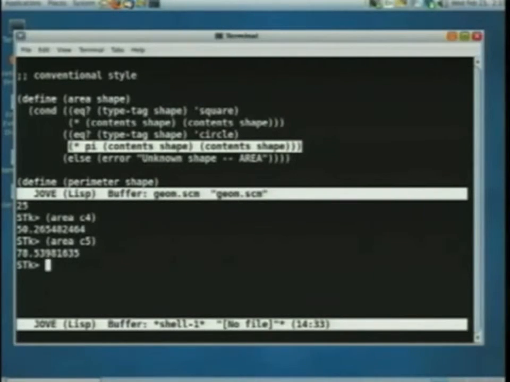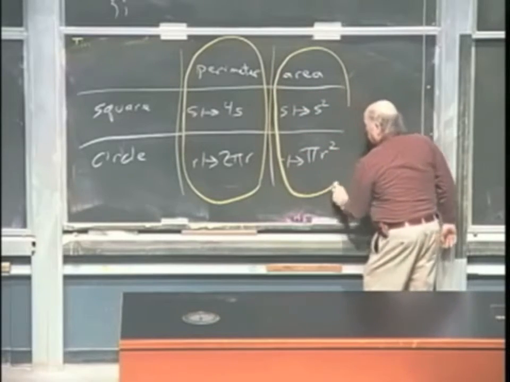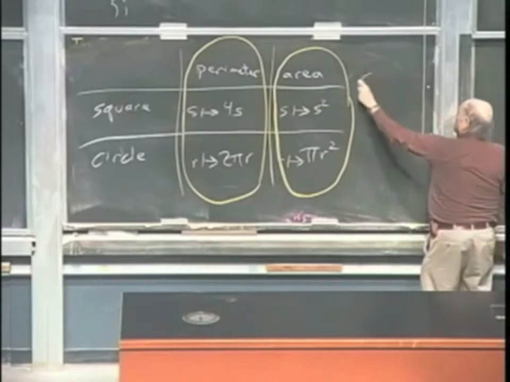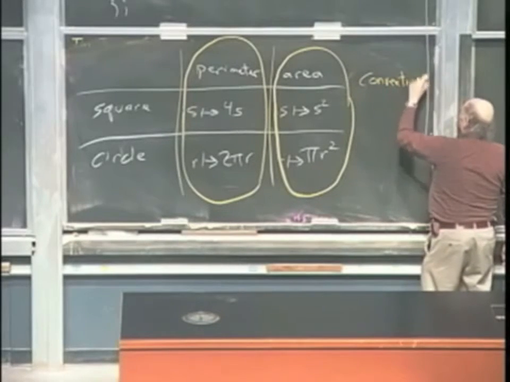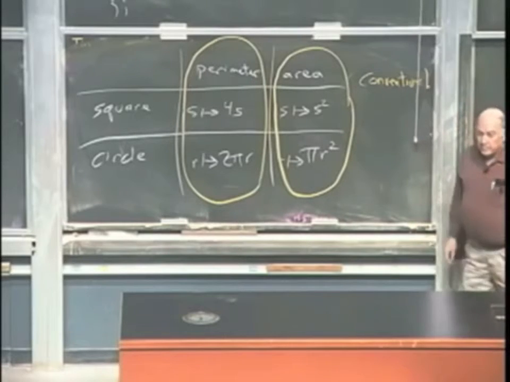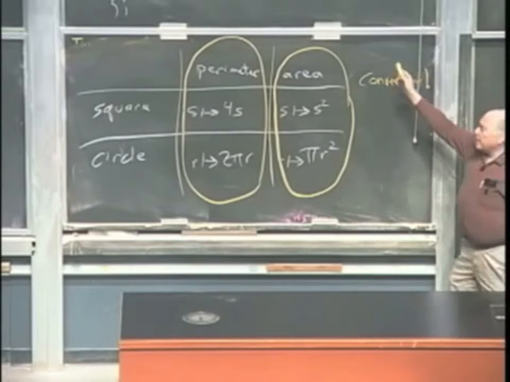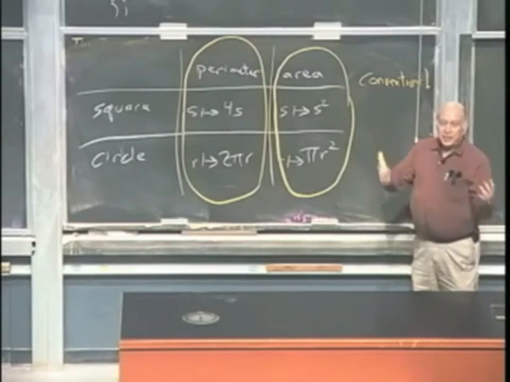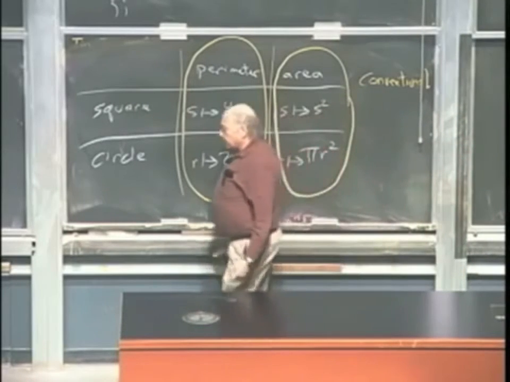So on my picture, this is conventional style, where we group things basically by the columns. So everything having to do with a particular verb, find the area, all the different ways of doing it for the different data types are grouped together.